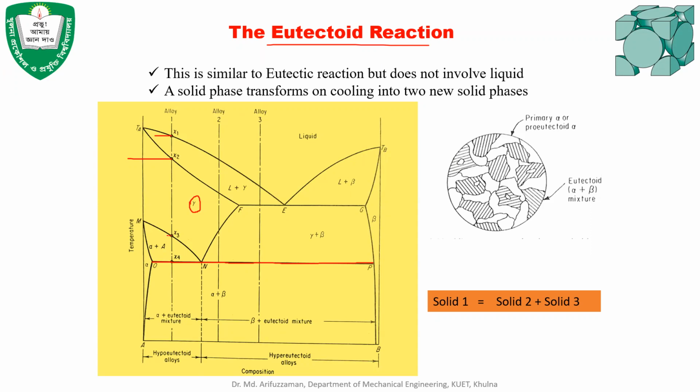When the temperature reaches X3, from gamma, that means gamma is the pure solid A, some alpha will start to produce.